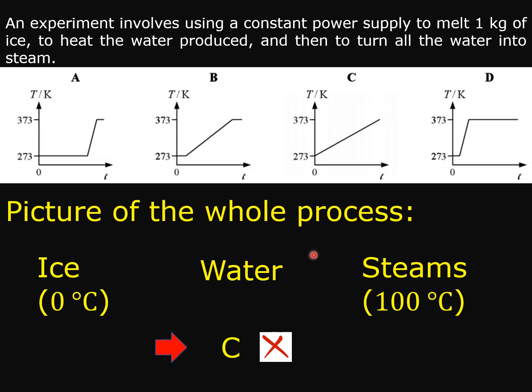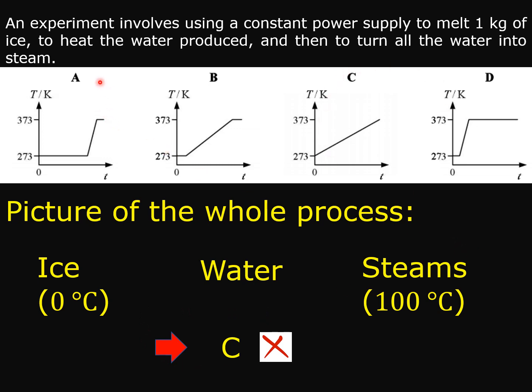So by considering the number of stages gone through by this system, we can know that option C cannot be the answer. So we can exclude C first.